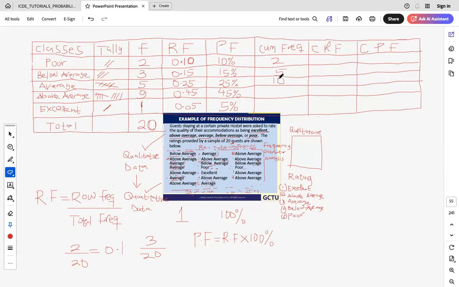Then you pick this 10, 10 plus 9, you have 19. And then 19 plus 1, you have 20. So that is the cumulative frequency we can get from the frequency we have here to give us another information.